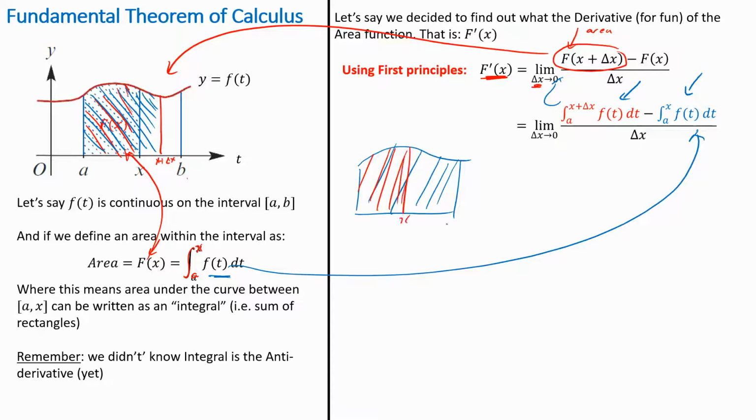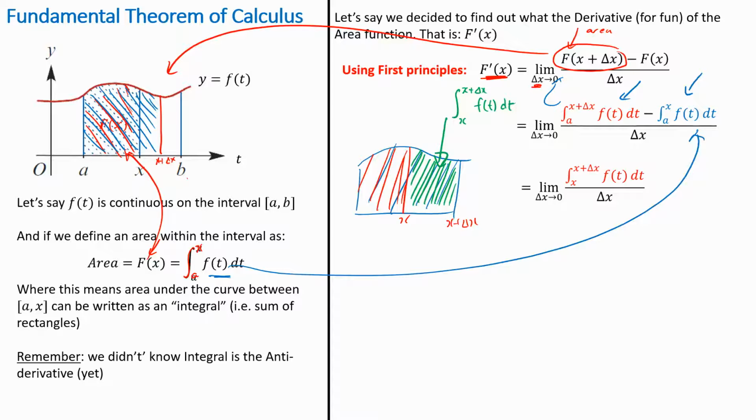So if this is x and this is x plus delta x, then what you're left with is the green area, which I'm going to color here. This is what you're left with. So if you took the blue minus the red, you're left with this region. If I asked you to find the area of that region, you'd say, oh yeah, that's the integral from x to x plus delta x of f of t dt.